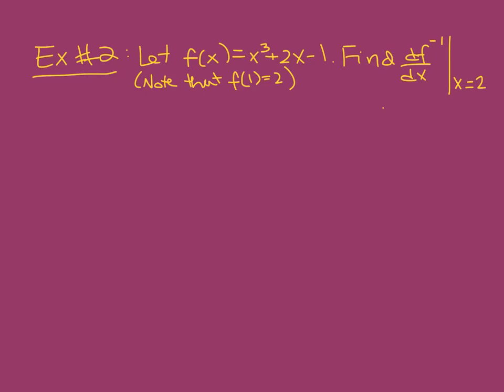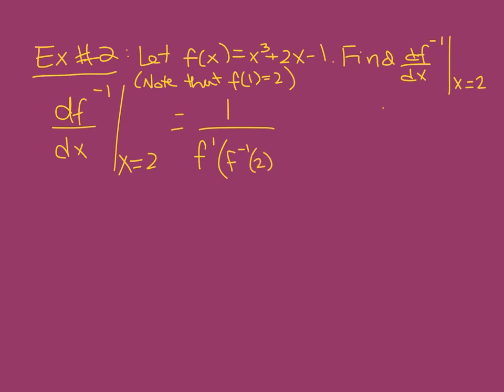I'd like to do another example, and I actually think this one might be a little bit easier than the last one. So we're going to find the inverse of this function evaluated at x equals 2. Again, this is the same notation as we had before, and we're going to find 1 over the derivative of the inverse at 2.